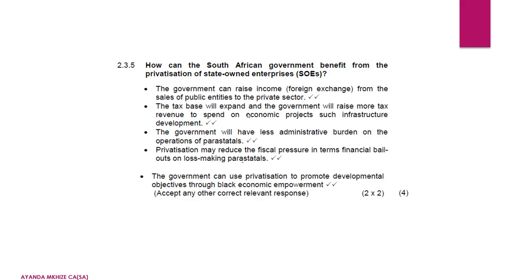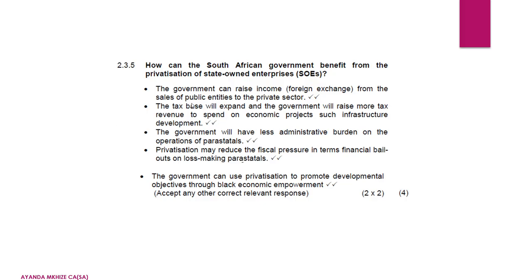The tax base will expand and the government will raise more tax revenue to spend on economic projects such as infrastructure development. So this one, we didn't get it right. However, what does it mean? It means that now when the private sector makes money in the production, or when the government declares dividends, that money will be taxed.